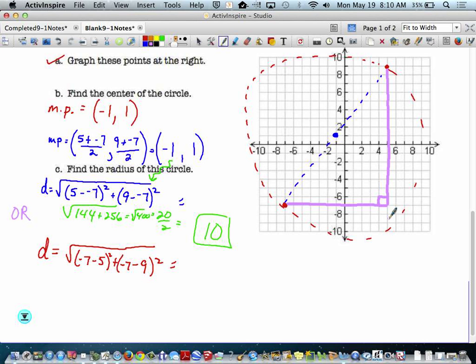You could have certainly done one here, an X and a Y, or this X and this Y. However you do it, you're subtracting those X's, subtracting the Y's, and you're finding the distance from vertex to vertex, or the corners of these triangles. What have you set up? When you have right triangles, what's it called? Pythagorean theorem, right? So ultimately what you're doing is a form of the Pythagorean theorem when you do your distance formula.